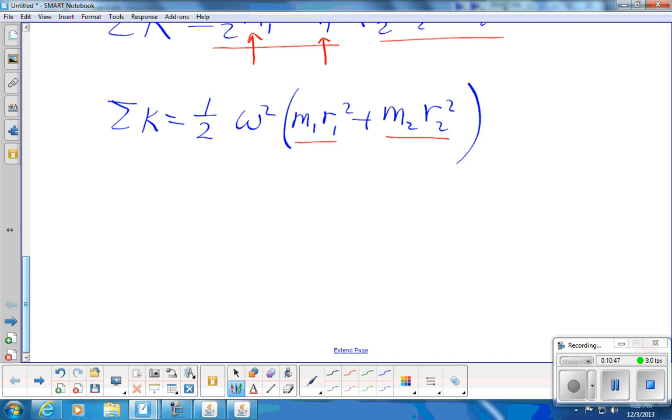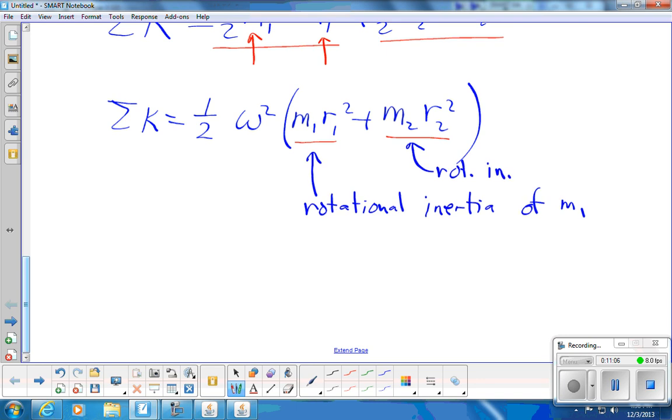And I'm going to define these things to be the rotational inertia of M1. The other one, of course, is the rotational inertia of M2.